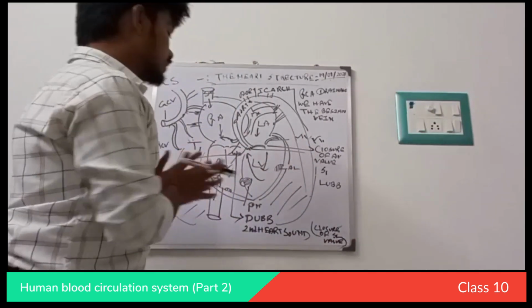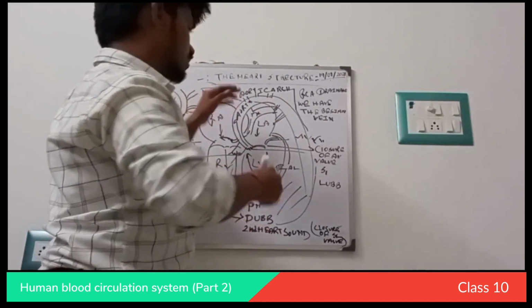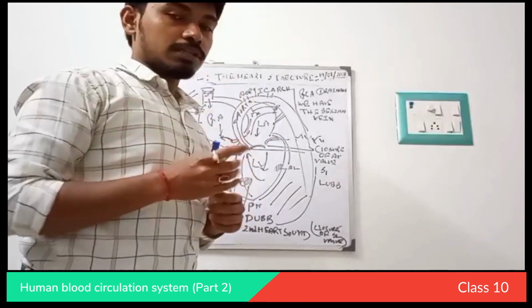Because of that, we are able to get S1 and S2, while S3 and S4 are only faintly possible to auscultate.